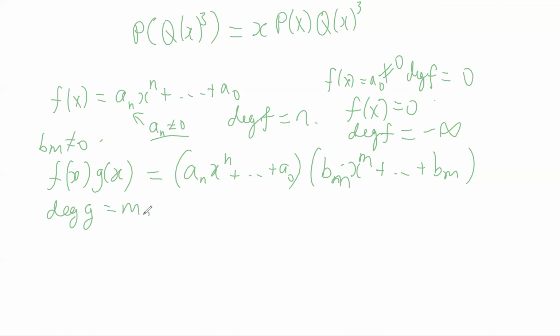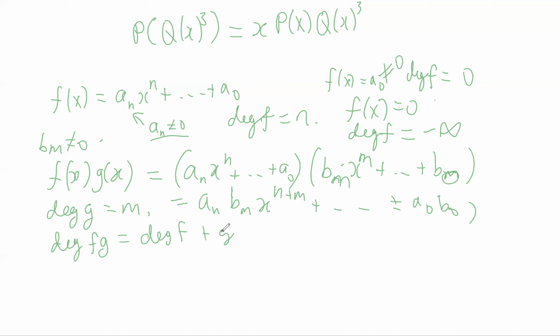And you can see when you multiply two non-zero things, it'll still be non-zero. So this is equal to a_n b_m x^(n+m) plus dot dot dot. I'll look at the chat for some questions in a moment, but this clearly says that the degree of fg is equal to the degree of f plus the degree of g, yeah?